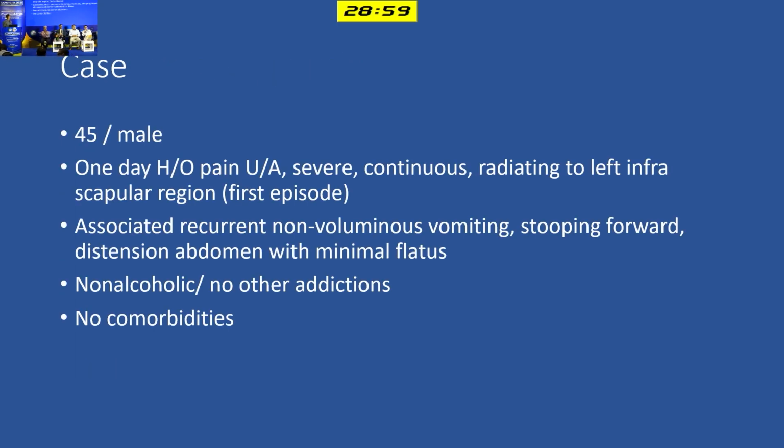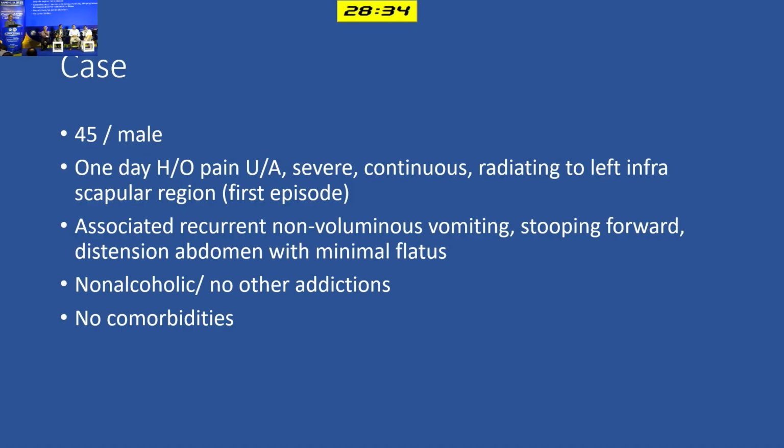Yeah. So he's a male patient with pain radiating to the left infrascapular region, non-voluminous vomiting. Stooping forward itself gives one the primary diagnosis of acute pancreatitis, because that's the position in which a patient with acute pancreatitis is most comfortable.